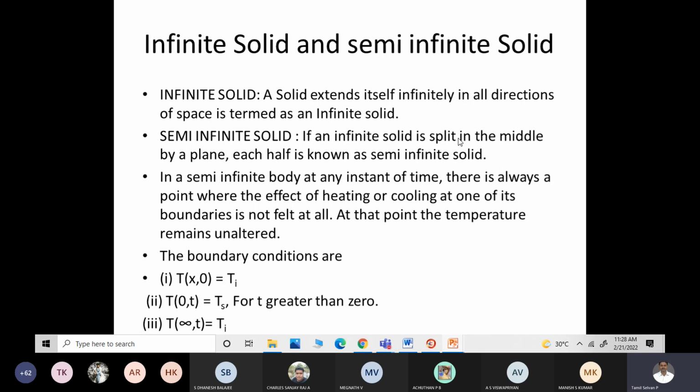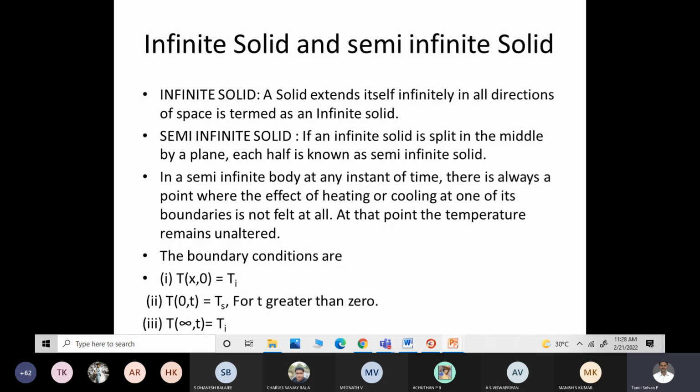And if an infinite solid is split into two, then it is said to be a semi-infinite solid. There will be some points in the solid where the effect of heating or cooling will not be felt at all.